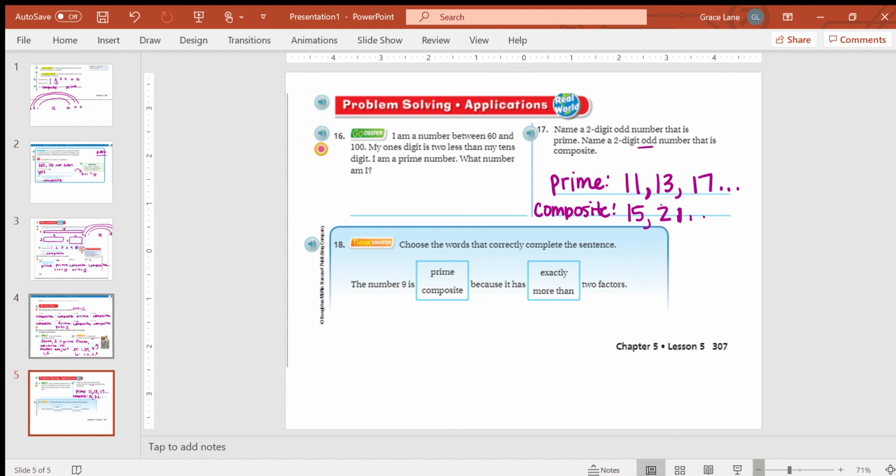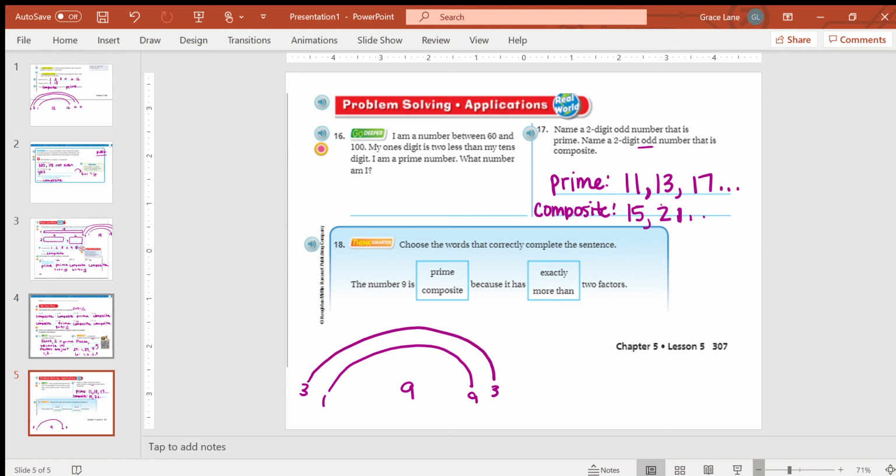And then number 18, choose the words that correctly complete the sentence. The number 9 is either prime or composite. So think of 9, think of some factors for 9. Automatically I know 1 and 9. If you can think of any more factors, that'll make it composite. I know 3 times 3 is 9.